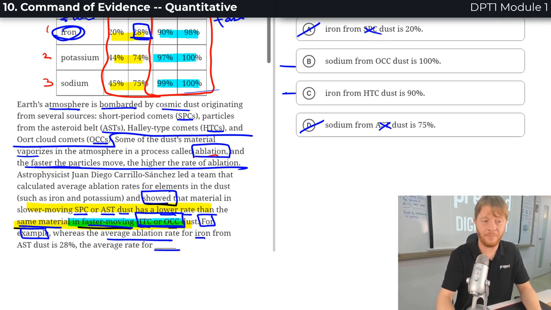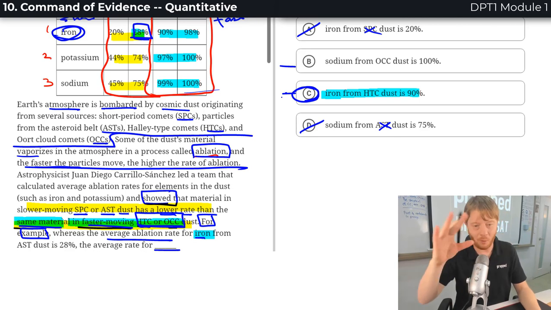Okay, secondly, we have to make sure that this is the same material. They're comparing the same material. So if the ablation rate for iron is 28, let's compare it to iron. Iron is right here. The answer therefore must be C. And hopefully I'm not going too fast here. Let's say that one more time.